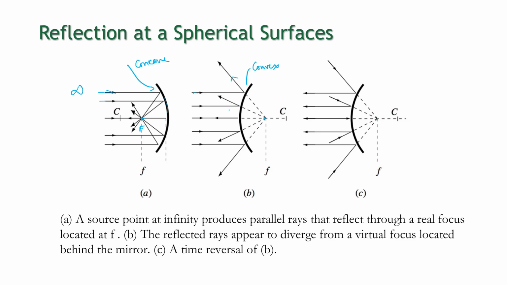You see here the rays are diverged in such a way that they appear to be coming from this virtual point. And you can also do the time reversal here. If instead of passing the light straight like that, you pass along this deviated direction, then these light rays would hit the mirror and go straight, parallel to each other.